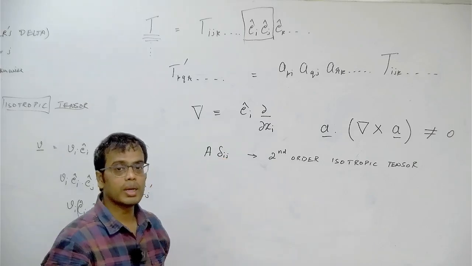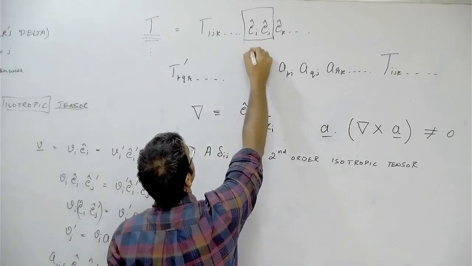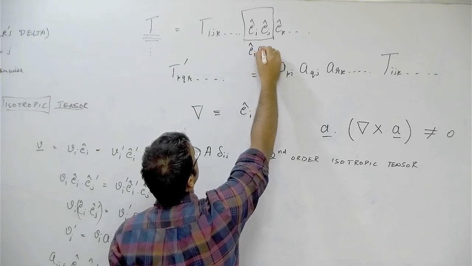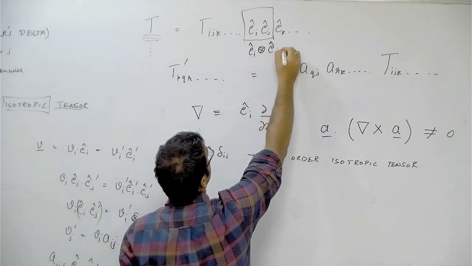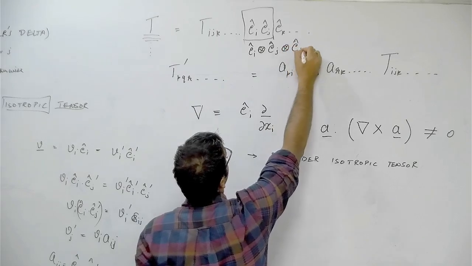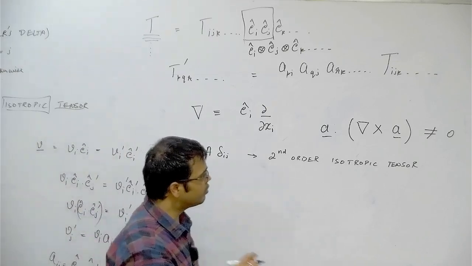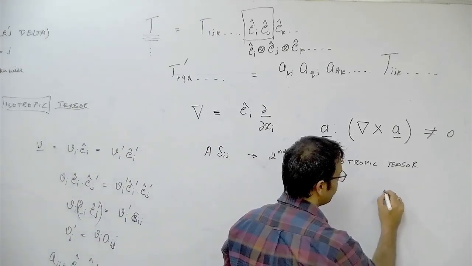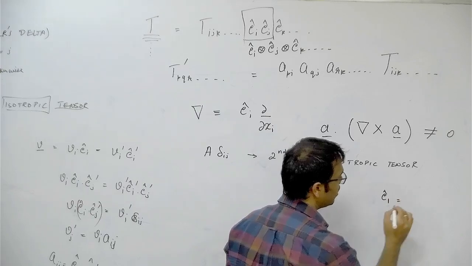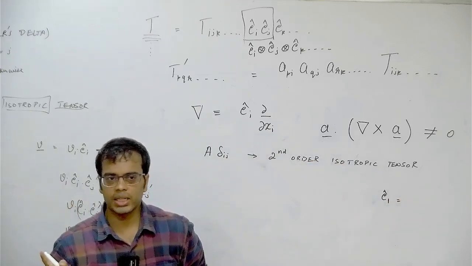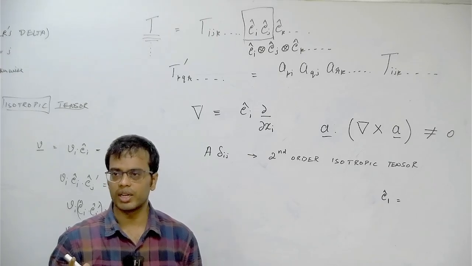If you want to be very rigorous, then the correct way of writing this is e hat i tensor product e hat j, tensor product e hat k, and so on, where this tensor product is something which you can visualize very neatly. So let's say e hat 1, and let us go back to our visualization of these vectors being column vectors.